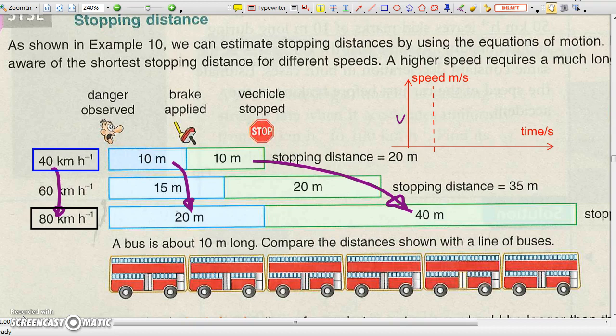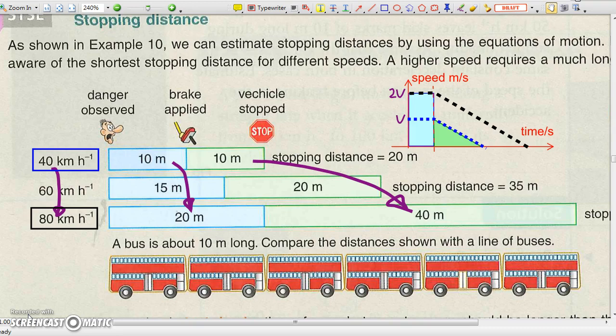If we look at the speed time graph, for a lower speed of v, then the speed time graph will go this way. The 2 areas represents the thinking distance and the braking distance. When the initial speed doubles, then the velocity time graph will go this way. The thinking distance doubles as the initial speed doubles.